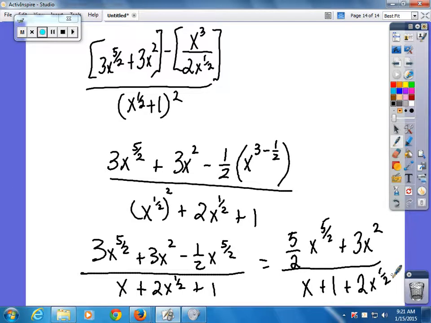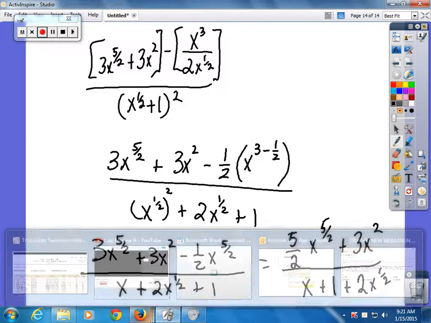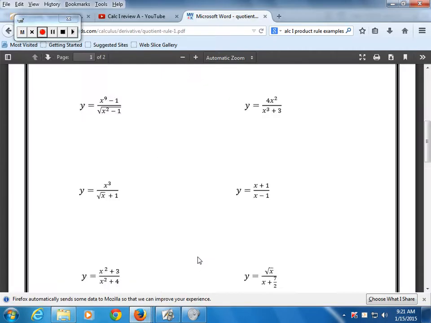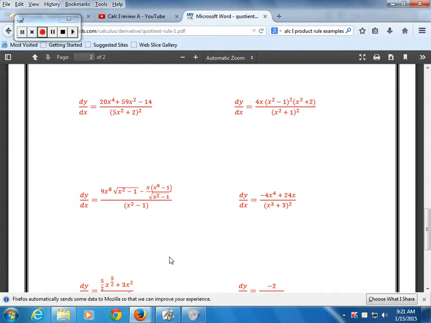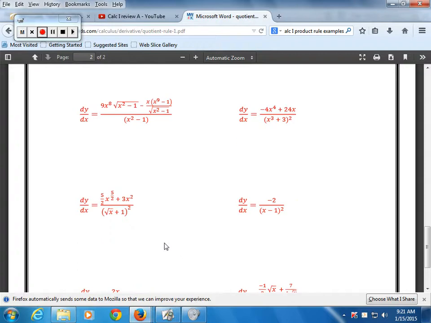That's a yucky problem. Let's see what they got as an answer. I don't know how far they went. I wouldn't go too far because it's just algebra that you're doing. Let's see what they got. Yeah, they didn't even expand the bottom. They just left the bottom alone.